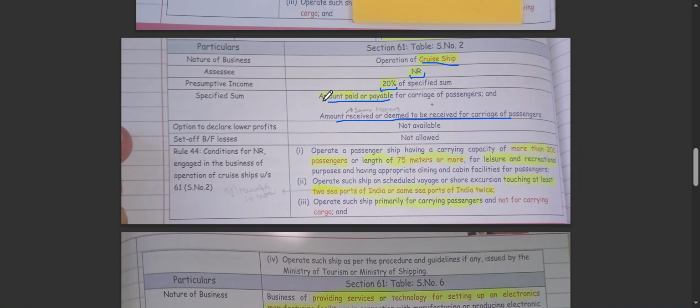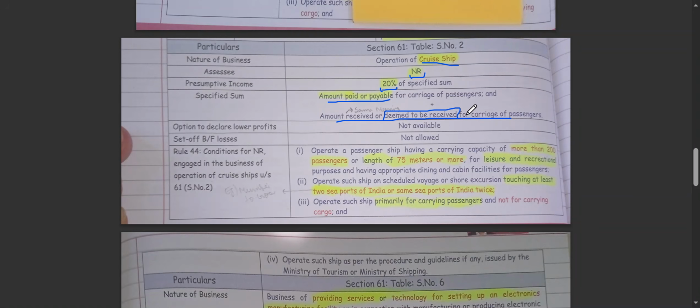These two appear to be similar, and as per sir, they are the same. I believe there is a little difference in this. Amount deemed to be received can include payment through other modes, like payment of shares or any other modes, like I had studied in the concept of deemed dividend, where the payment was made in the form of loans.